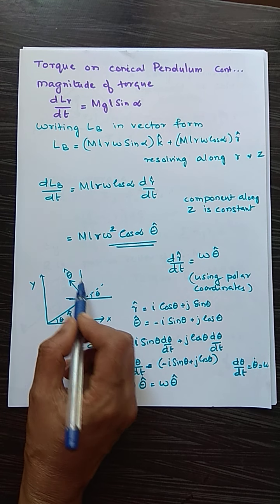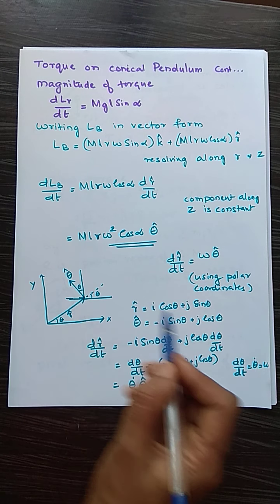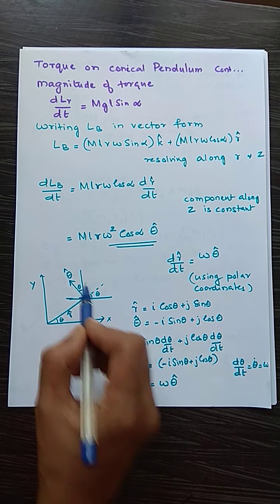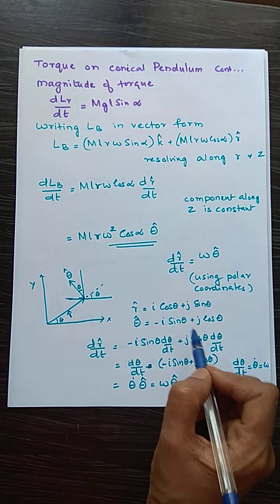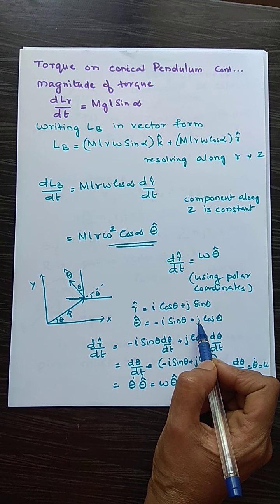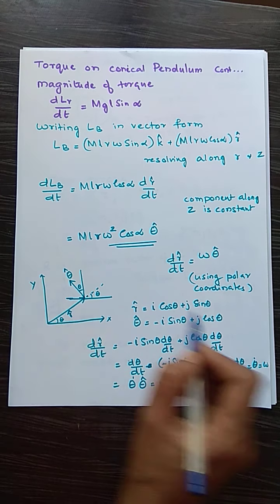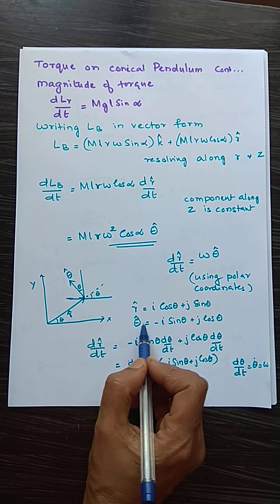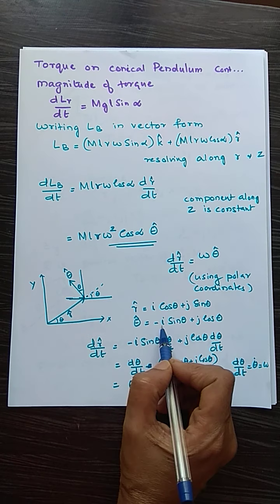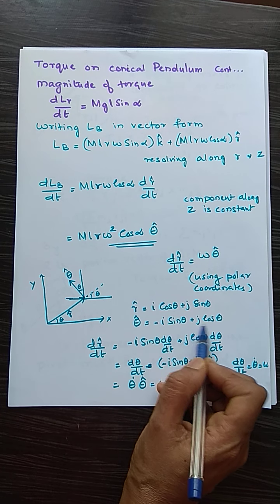The perpendicular component will be the cos component, that is j cos theta along y. So the unit vector theta is resolved as minus i sin theta plus j cos theta.